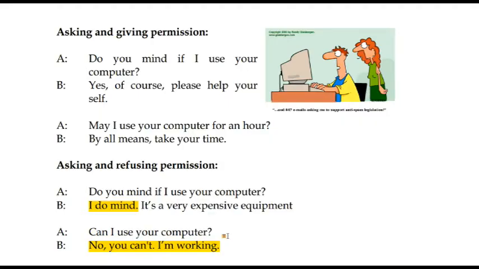While the above expression, I do mind, it's very expensive equipment, obviously in that sort of case, you are going to mind and you are going to have a grudge against that individual. And whenever he comes to you and asks for something, you are obviously going to refuse that individual.